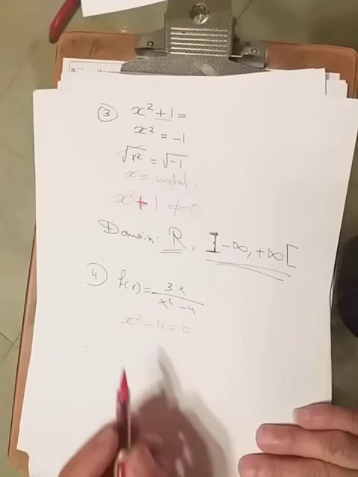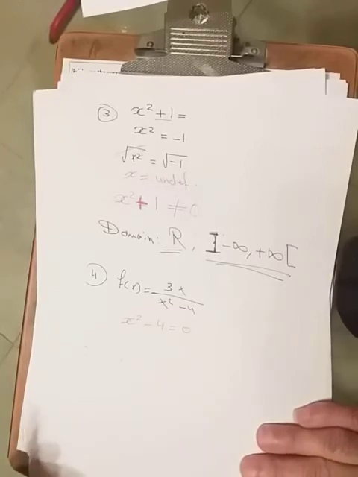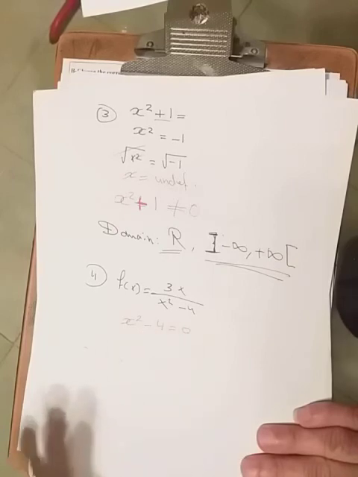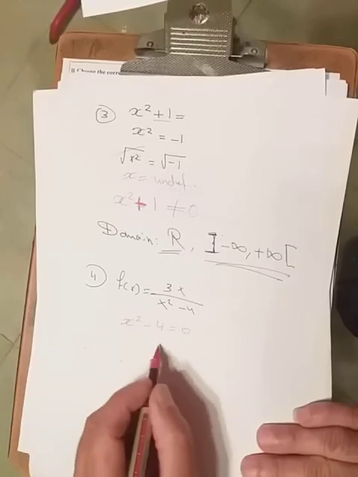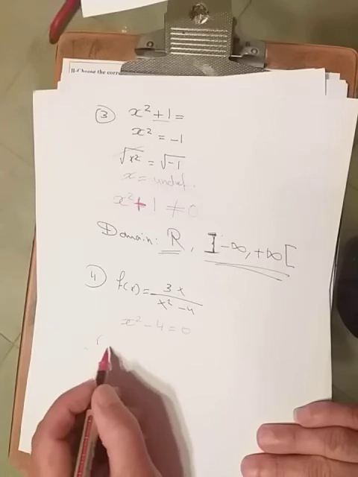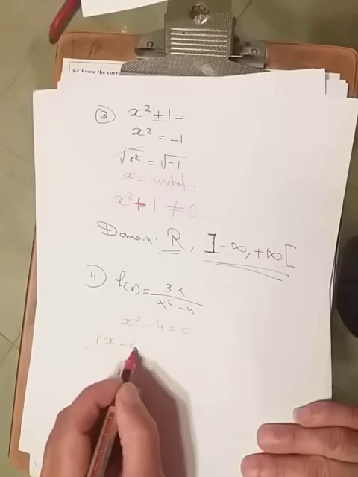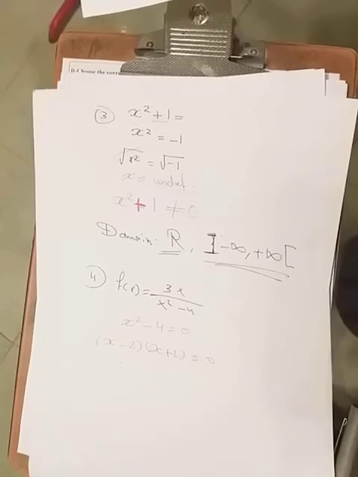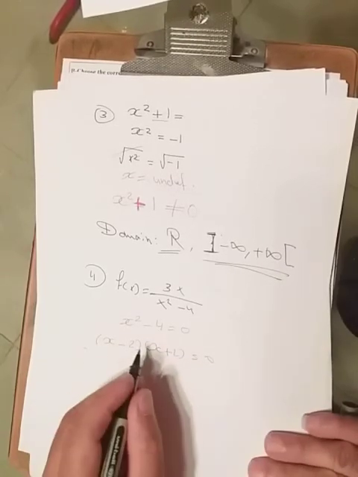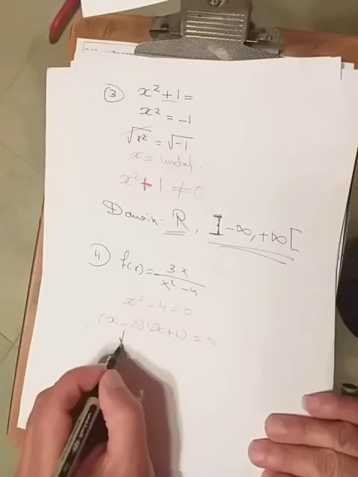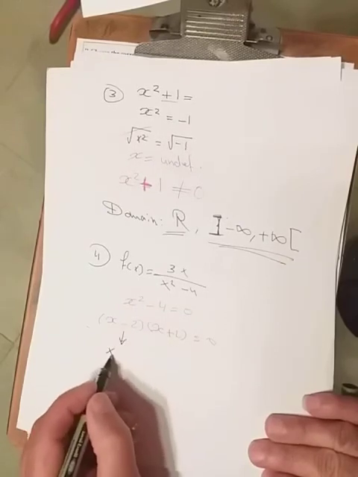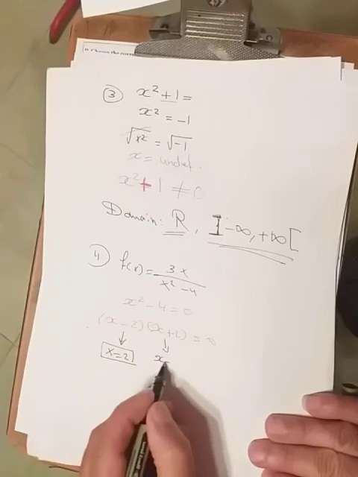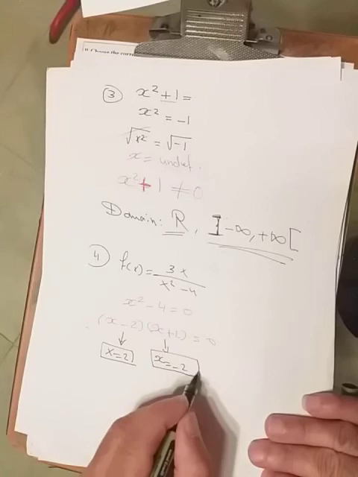You can solve this by the difference between two squares or by square root, as you like. By factorizing, x minus 2 times x plus 2 equals 0. From this one, x equals 2. From this one, x equals negative 2.